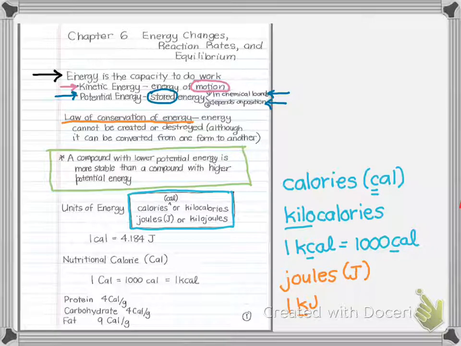So if I have kilo there, that simply means 1,000 joules. And we do have a relationship, which you don't need to memorize, between the two units. 1 calorie is 4.184 joules. So joules are actually a smaller, in terms of increments, unit than calories.